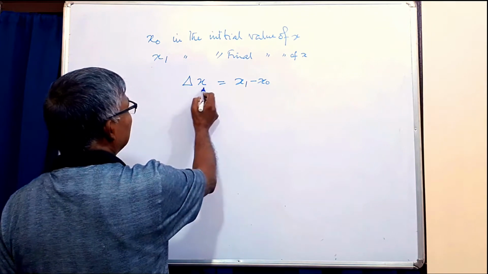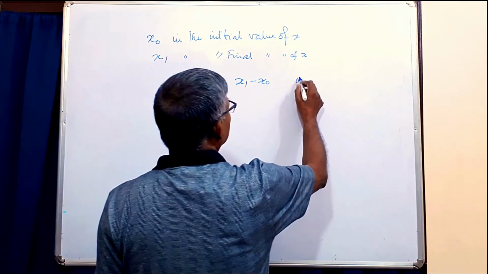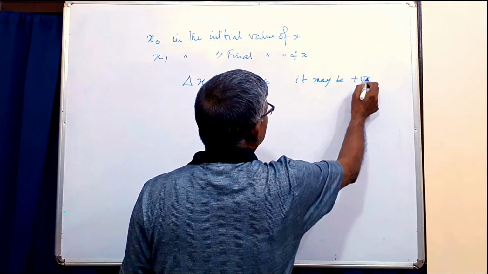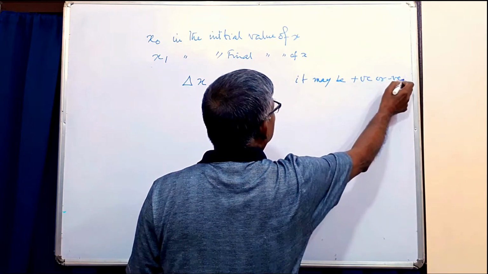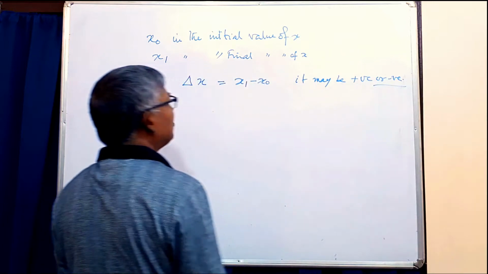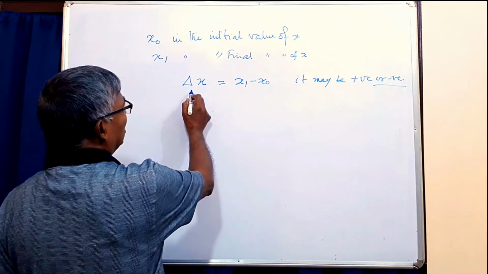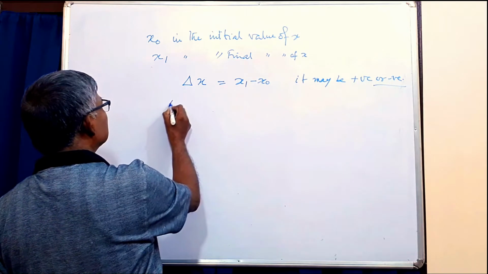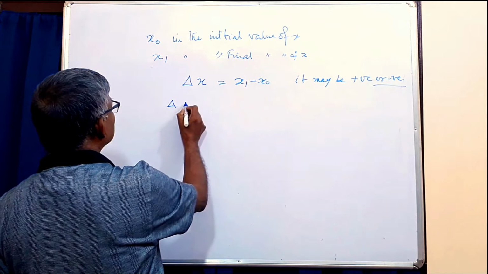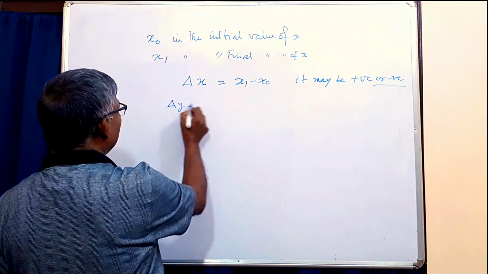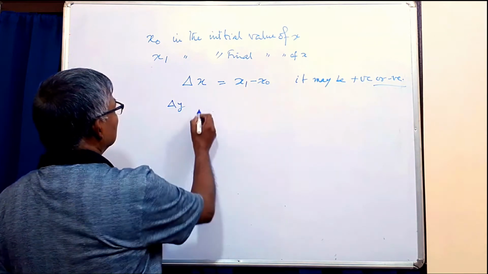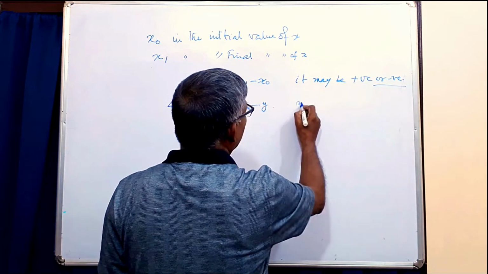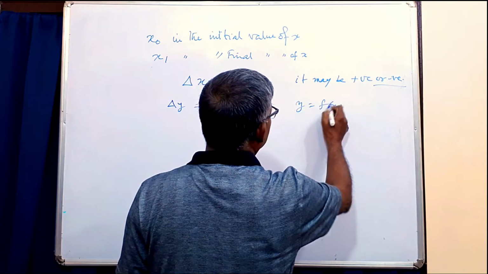This is called the increment in x. It may be positive or negative. Suppose for this change of x, y also changes, as delta y equals y plus delta y minus y. We know y equals f(x).